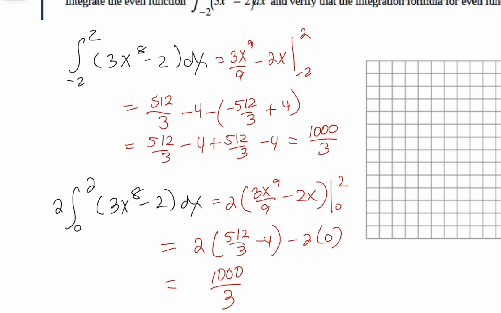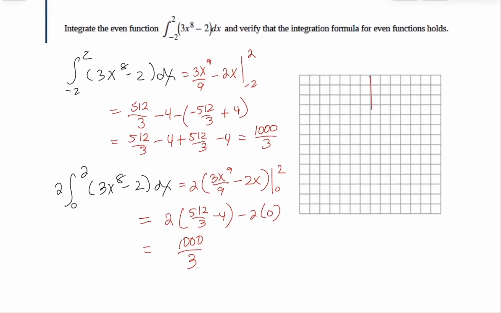Now, why is that? If we look at the graph, don't expect this graph to be to scale. If we look at our graph from -2 to +2, I don't know where it hits.